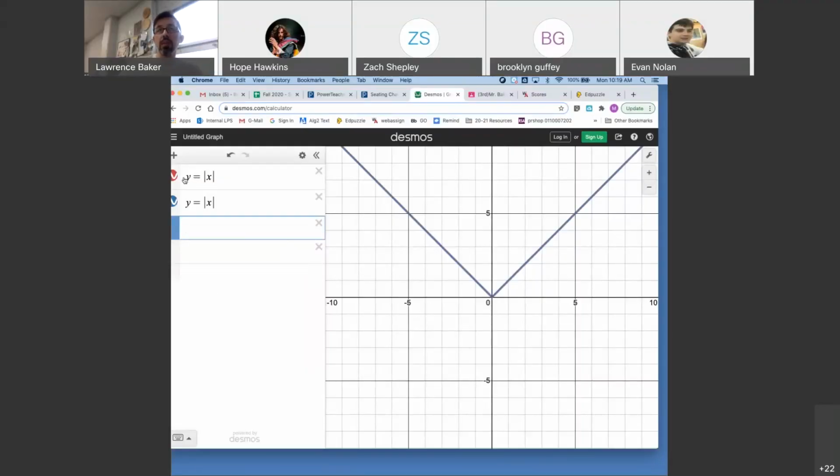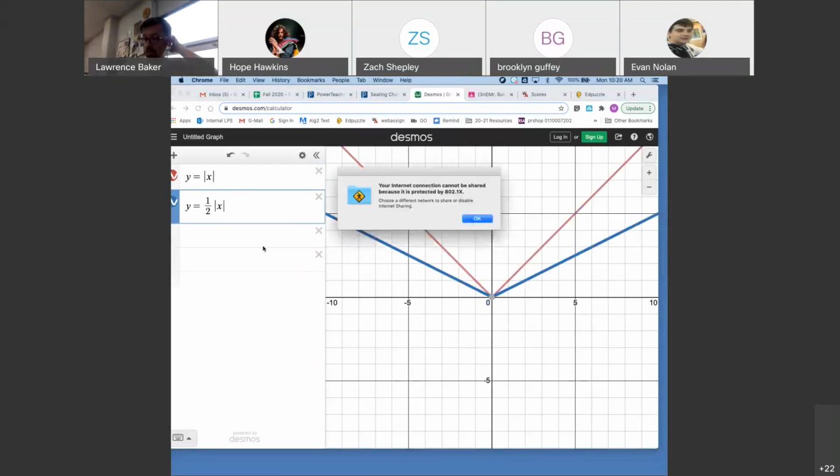So y is the absolute value of x. What does the negative do? We see the negative in front reflects the graph over the x-axis. So it just opens down there, right? It's still a V, still the same shape. What does the half do? We saw that on Friday, right? So now we see that the slope of the sides is different. It's rising 1, running 2.